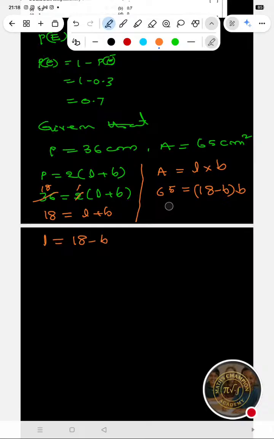Then next, 65 is equal to 18B minus B square. Now you can write this as a quadratic equation: B square minus 18B plus 65 is equal to 0.